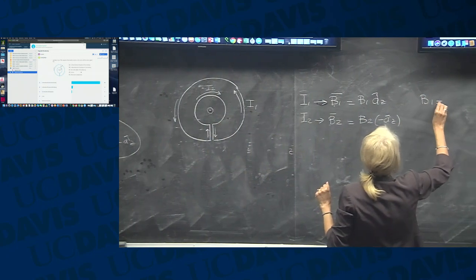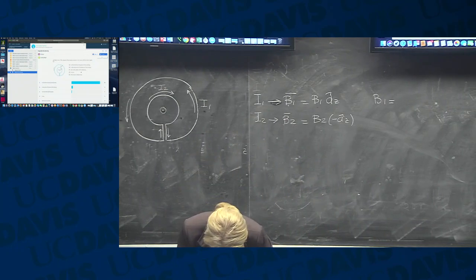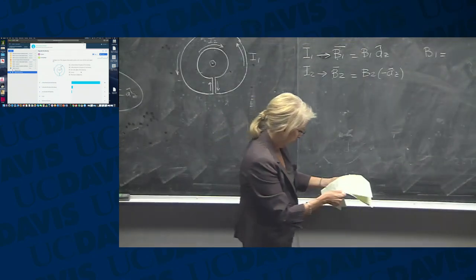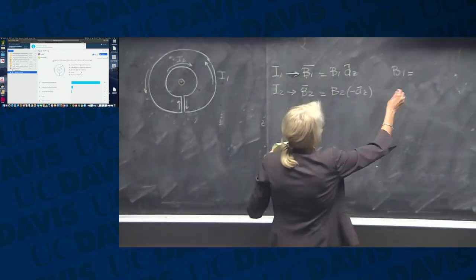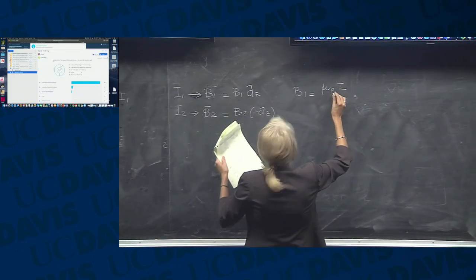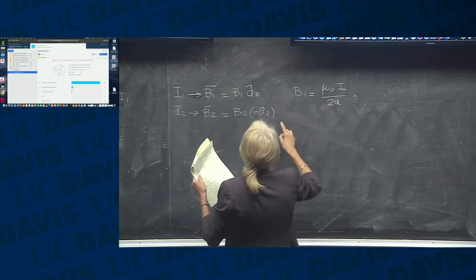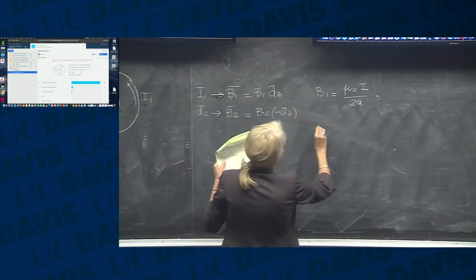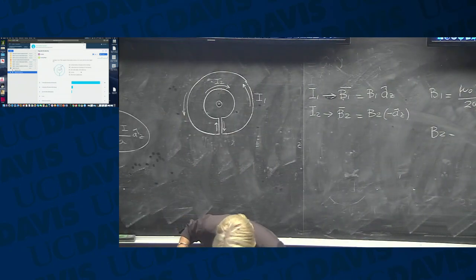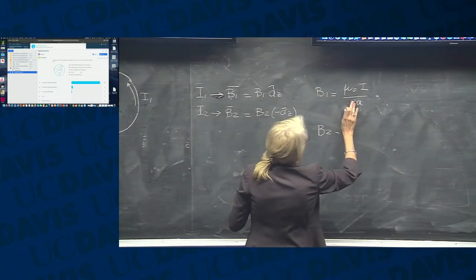B1, according to the formula that we derived, was mu naught I over 2A along the positive Z. And then B2: A is 2A, excuse me, so 4A here.